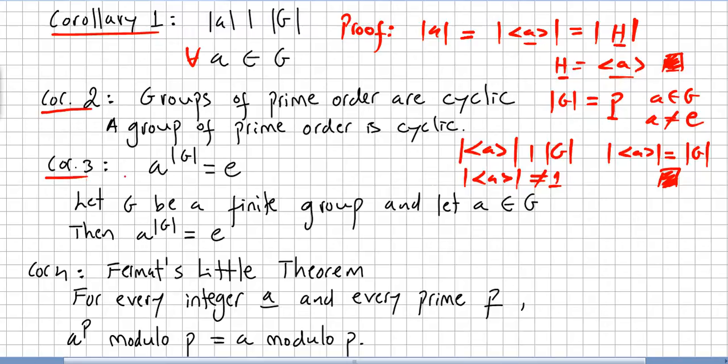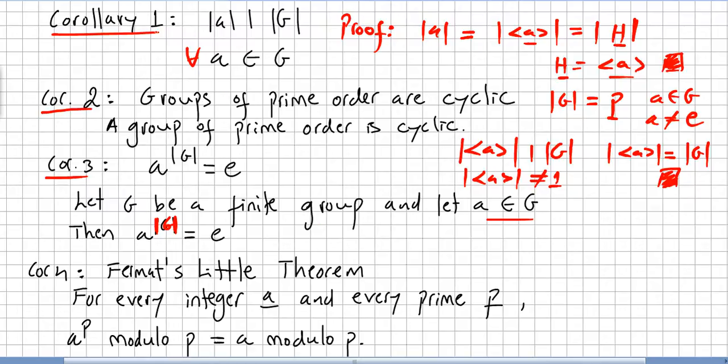Okay. Corollary 3. A to the power of the order of G equals the identity. Let G be a finite group and let A be an element in G. Then A to the power of the order of G will be equal to the identity. Well, it's really simple.